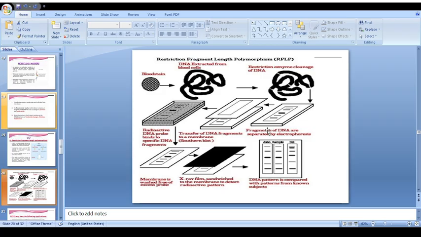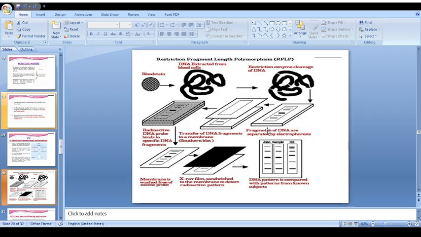When it is electrophoresed, the smaller fragments move faster when compared to the larger fragments, and a DNA pattern is created, which is in turn compared with known subjects. This pattern gets transferred to a nitrocellulose membrane, which is placed over an X-ray film, sandwiched for identification.